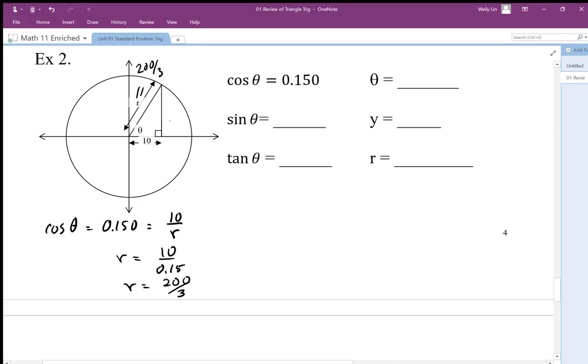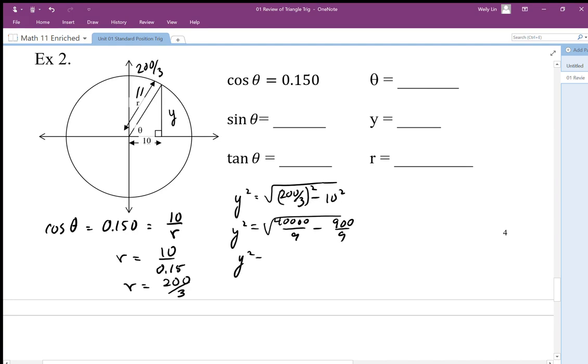I need to use Pythagoras to solve for the y coordinate. So I'm going to say y squared is equal to 200 over 3 squared minus 10 squared. So y squared works out to be 40,000 over 9 minus 100, so I'm going to make that 900 over 9.